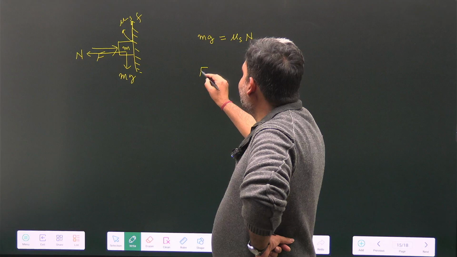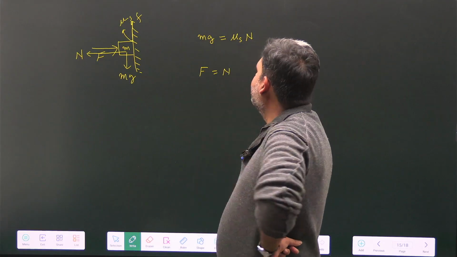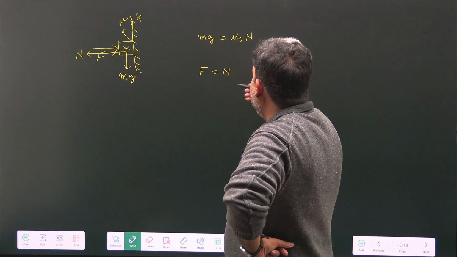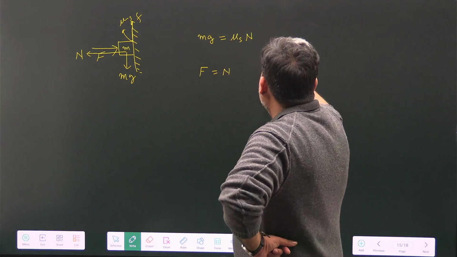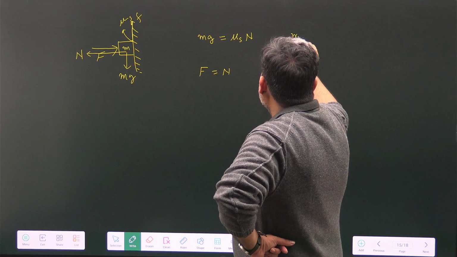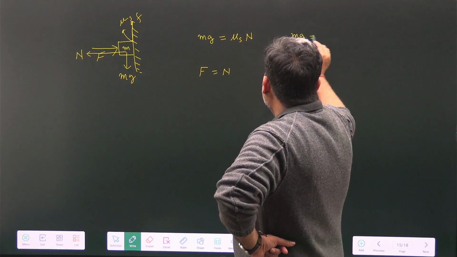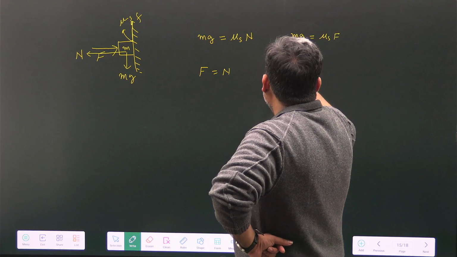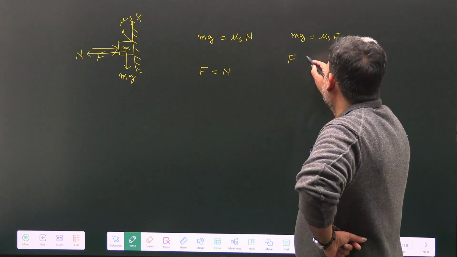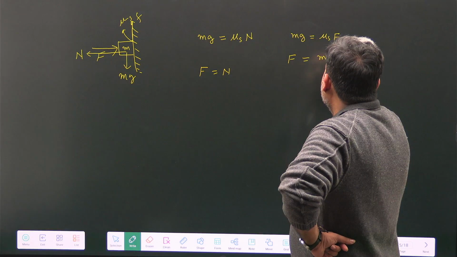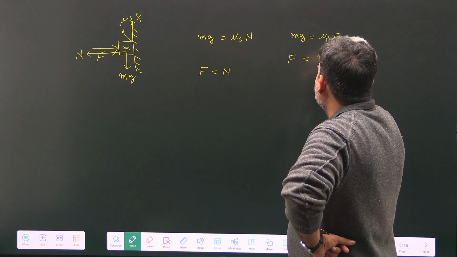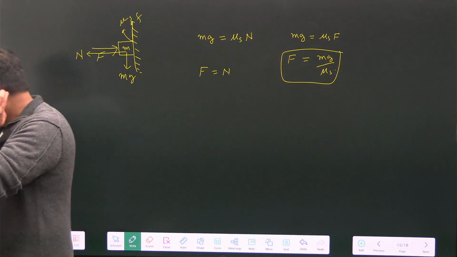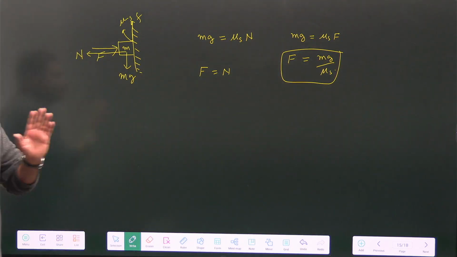So, my F is equal to N. So I can replace N with F, and we have mg is equal to mu s into F. So F must be equal to mg by mu s. So this is the condition.